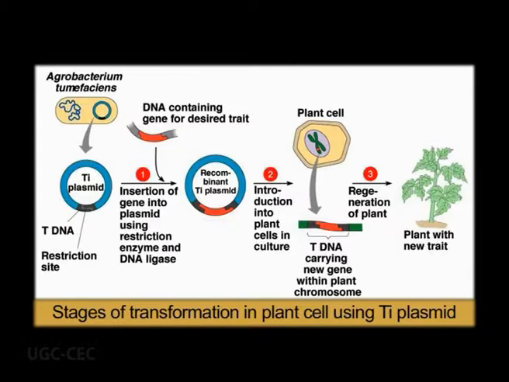Otherwise, if a particular gene fragment has been inserted into the Ti plasmid, this gene will express in the plant cell and modify it. So in this way, using the Ti plasmid vector, we can transform not only prokaryotic cells but also eukaryotic cells.